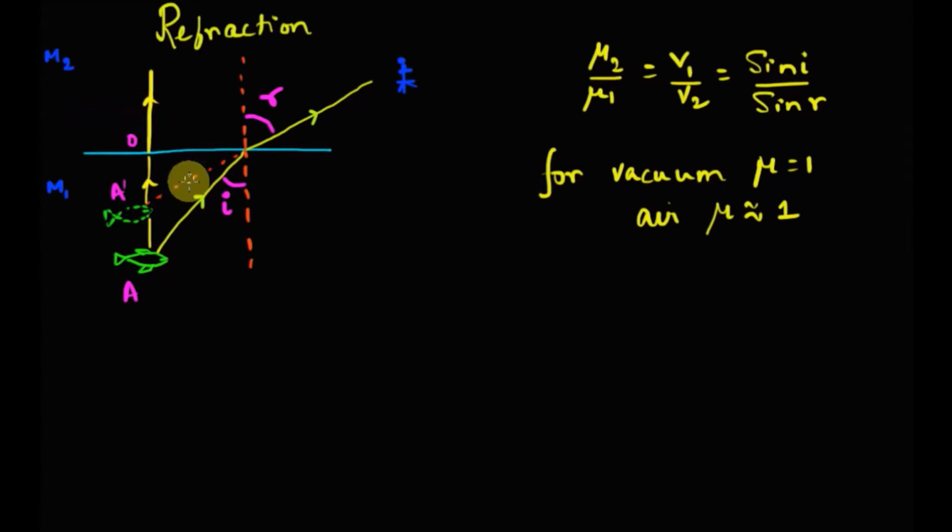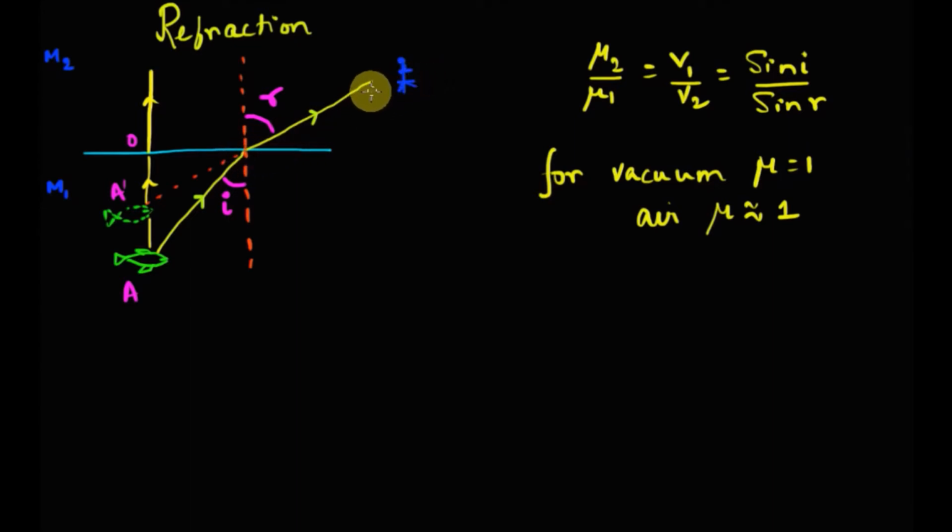Refraction is a phenomenon by virtue of which a light ray bends when it travels from one transparent medium to another transparent medium. In this example, the fish will emit light rays in all directions. One such light ray will go along this direction, and at the surface of separation of water and air, the light ray will bend and then reach the observer.